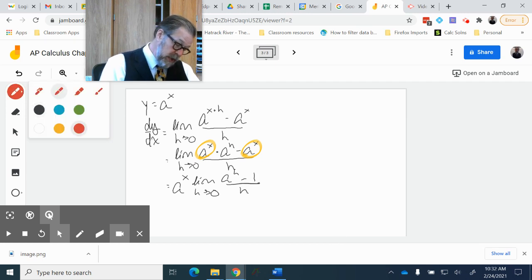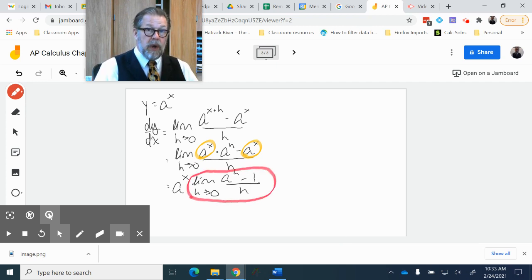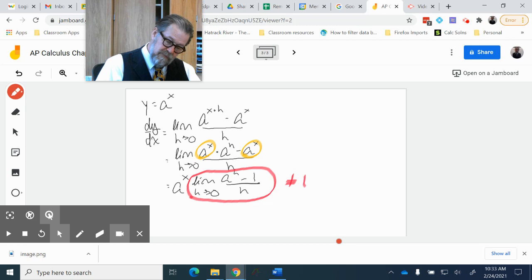Now, we do have a little bit of a problem, is that when a is equal to e, this is 1. This is not equal to 1 for most values of a.